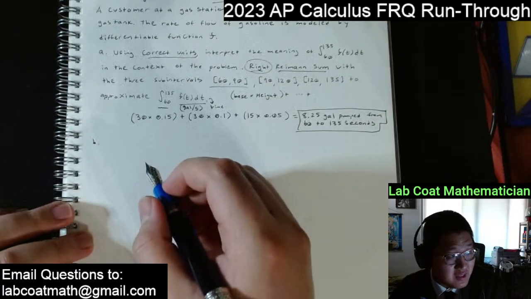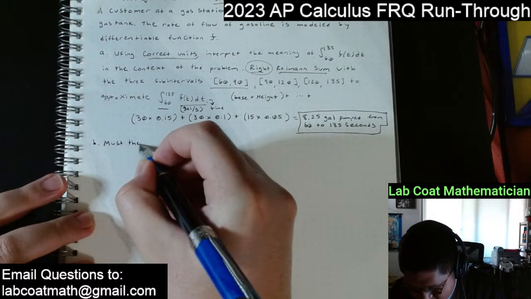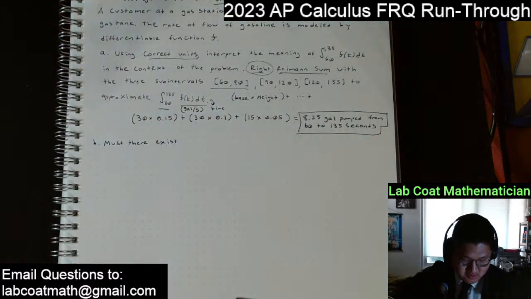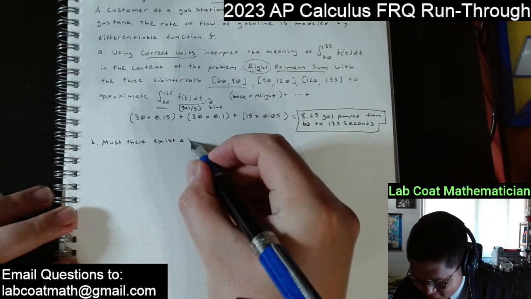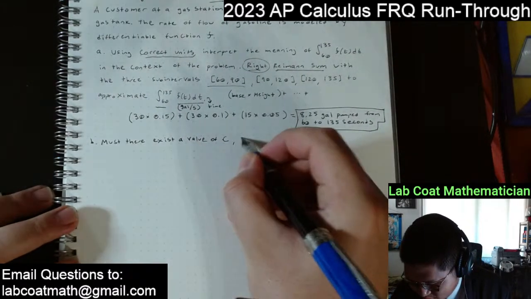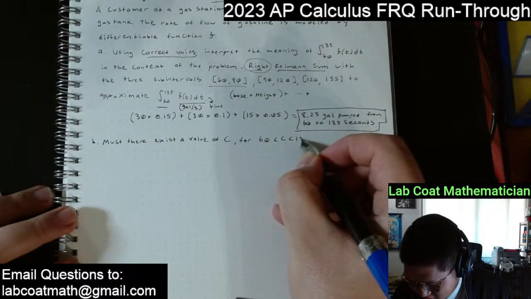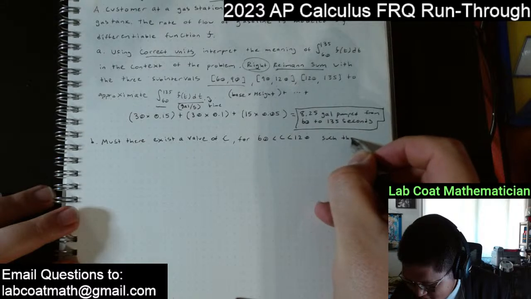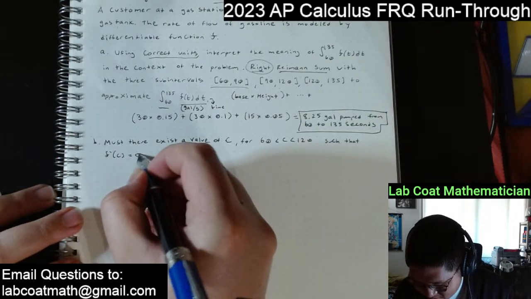Okay, part B is asking, must there exist a value of C, for the interval going from 60 to C to 120, such that f prime of C must be equal to 0.